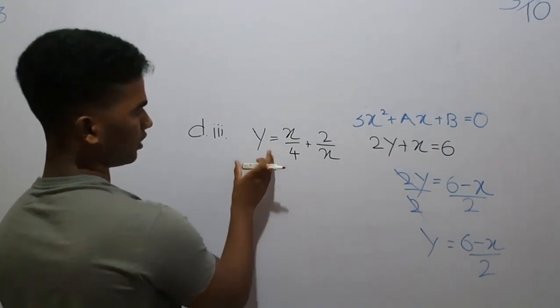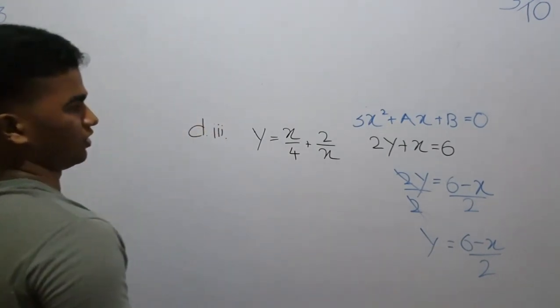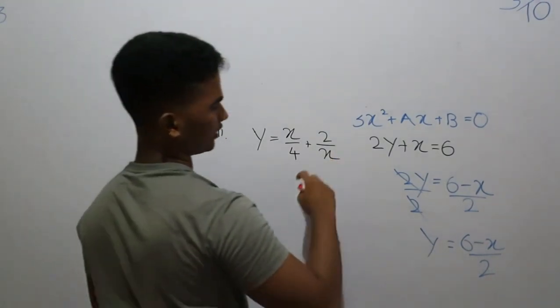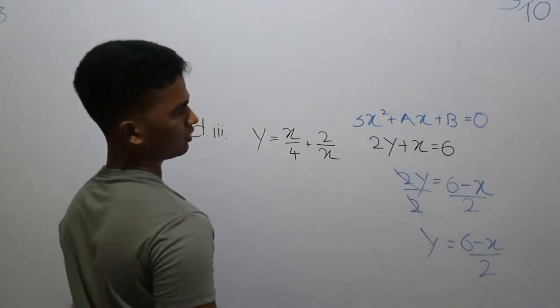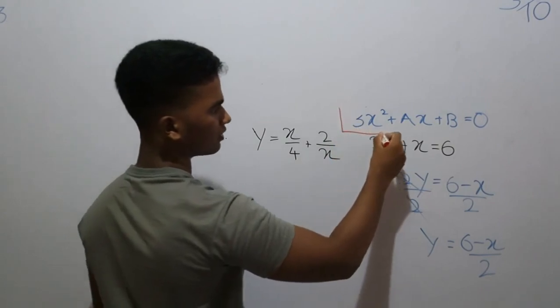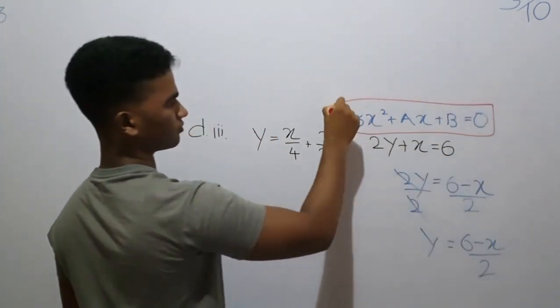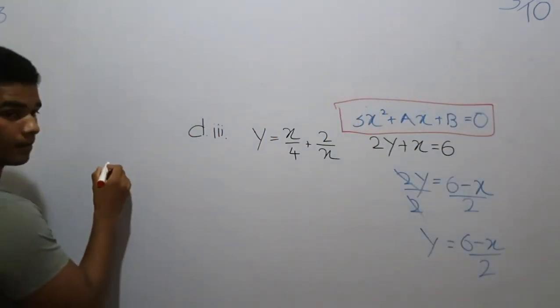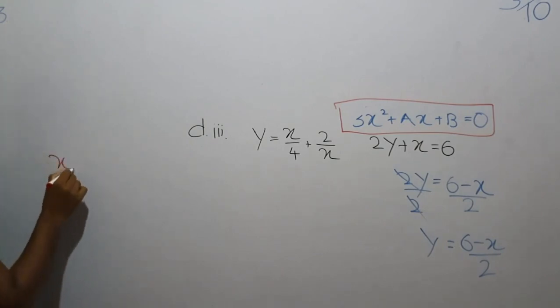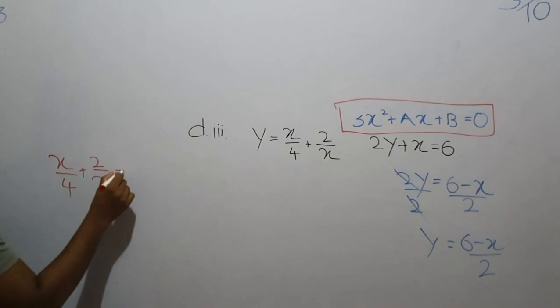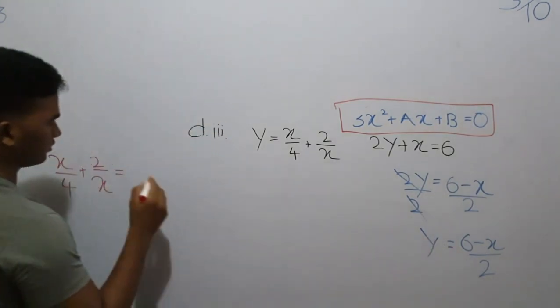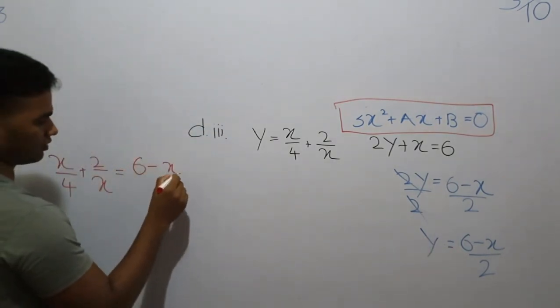So now we can equate y to y of both the equations to eliminate y and have only x terms, because the equation we should get contains only x terms. So we'll equate x divided by 4 plus 2 divided by x equals 6 minus x divided by 2.